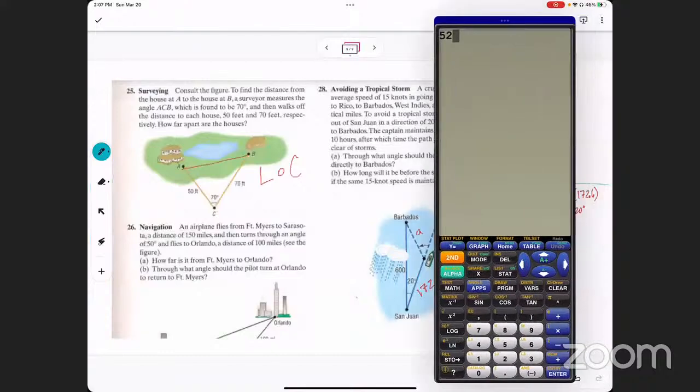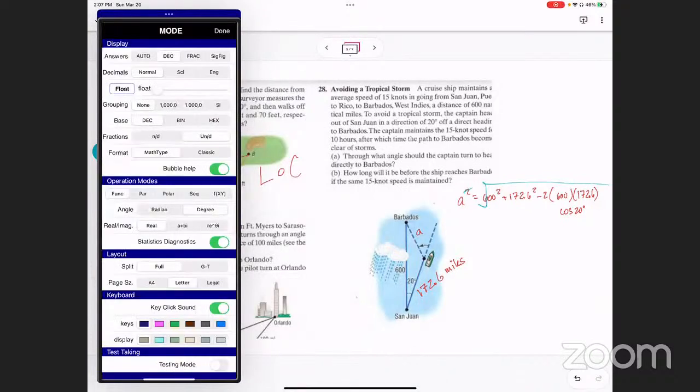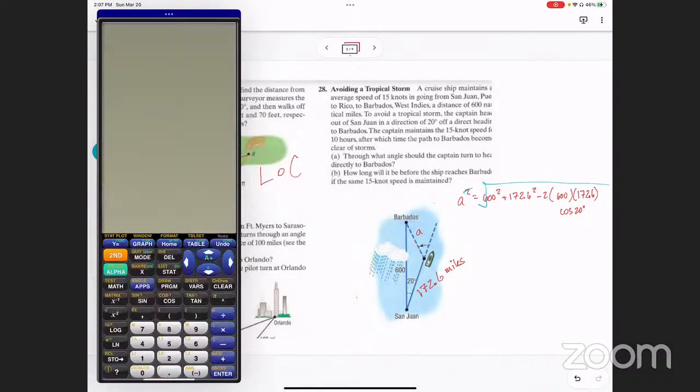Okay, so we're going to just type that in over here. Again, you can do this all in one. Let's make sure I'm in degrees. So all in one would be the square root of 600 squared minus 172.6 squared minus 2.